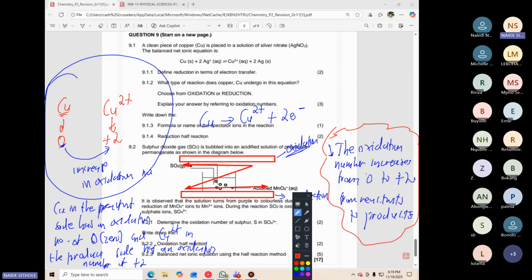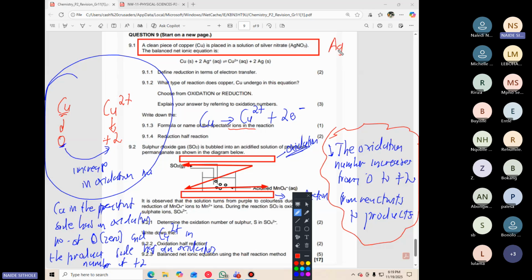Right. 9.1.3 says formula or name of the spectator ion in the reaction. When we read here, we are given that a clean piece of copper is placed in a solution of silver nitrate. The balanced net ionic equation now becomes like this. A spectator ion is the one that will be left out from the equation. So when we balance the equation, that particular substance is left out. As we can see here, how did we end up having Ag+, and then we're no longer seeing that NO3?